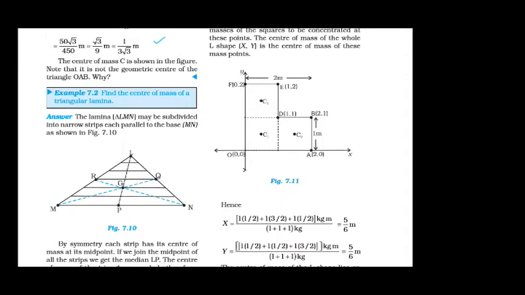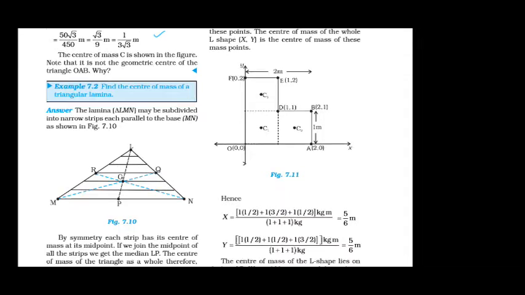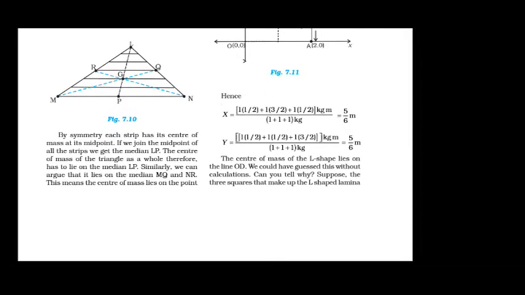Now by symmetry, each strip has its center of mass at its midpoint. If we join the midpoints of all the strips, we get the median LP. So let me explain.